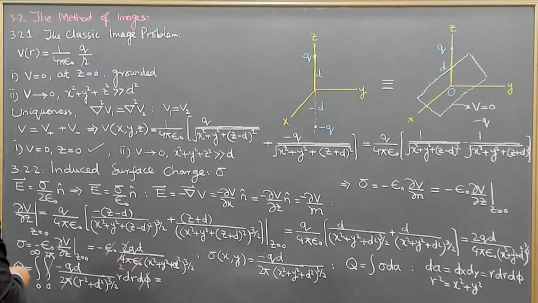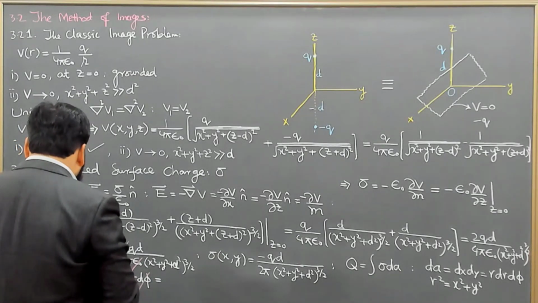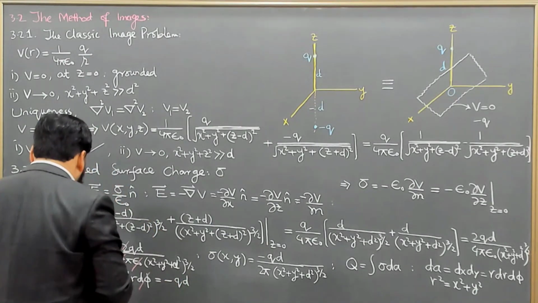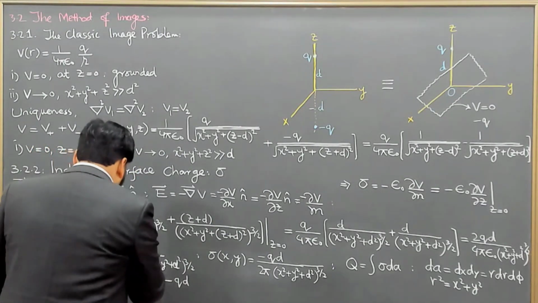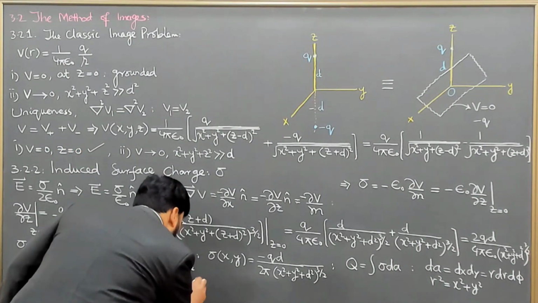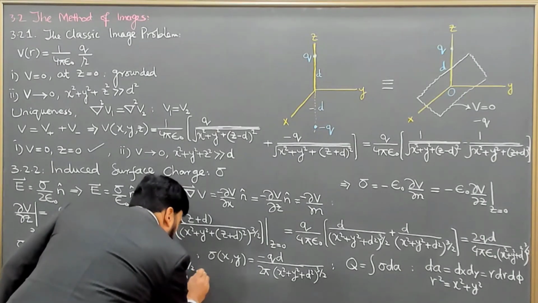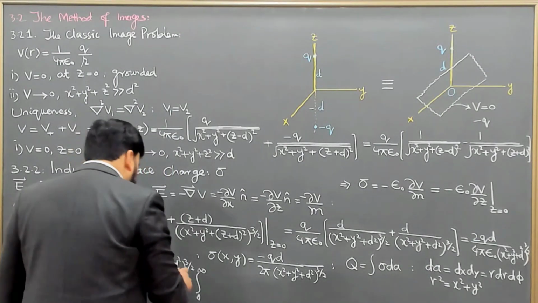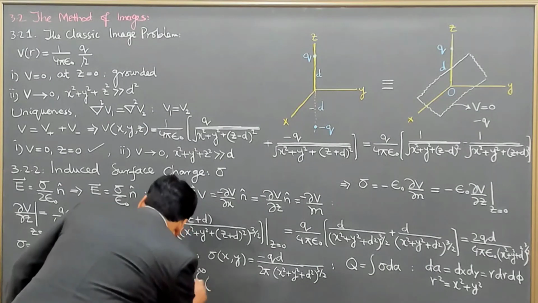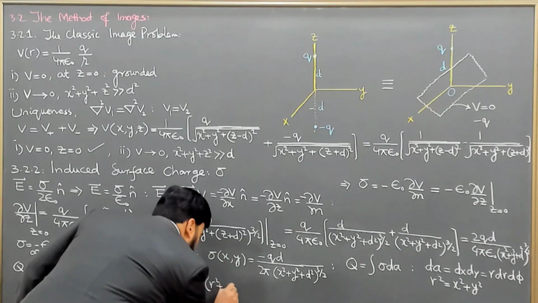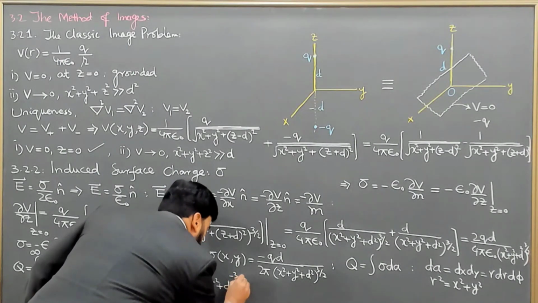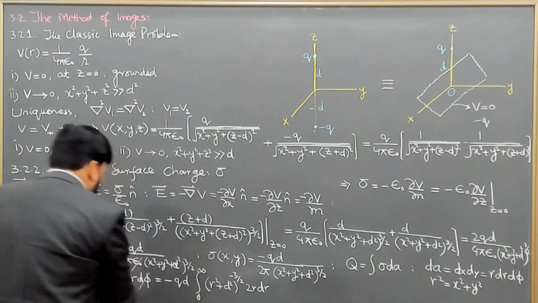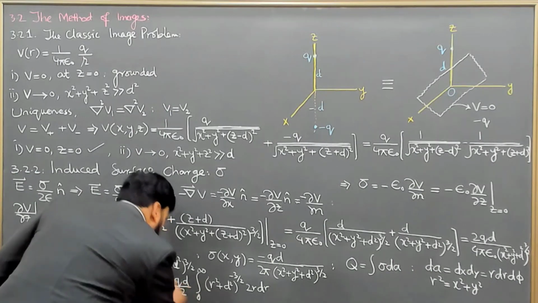So we are simplifying the things, and we are left with minus qd and r dr. So this is the integral from 0 to infinity of r square plus d square to the power minus 3 over 2, and I am writing 2r dr here, so I will divide by 2 as well.